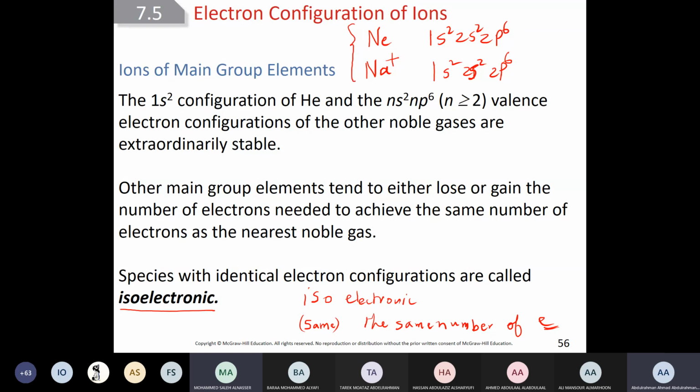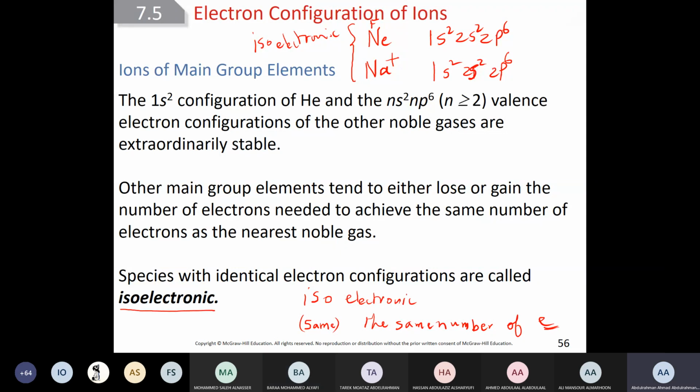What do we call these two atoms together? Isoelectronic. Now compared to F minus. The structure of F is 1s2, 2s2, 2p5.